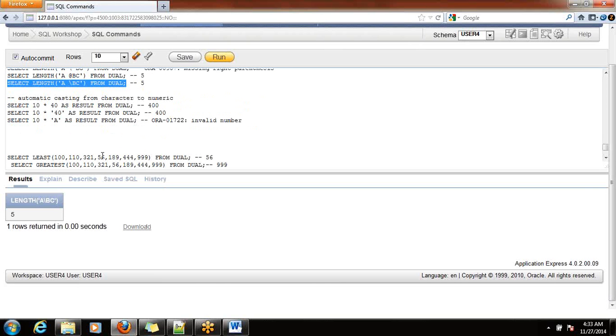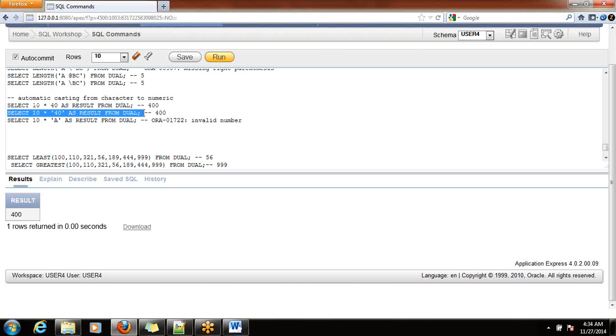All right. Now here observe. There is automatic casting that can be performed by the Oracle engine on characters to numeric. I showed you select 10 into 40 as a result and it gave 400. Now observe carefully. Now select 10 into 40 is being enclosed in single quotes.